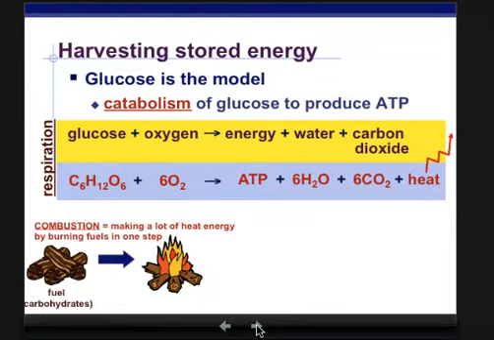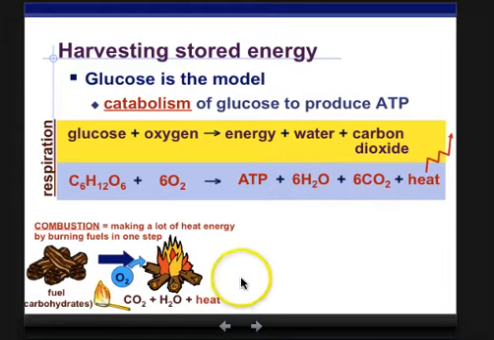So combustion is making a lot of heat energy by burning fuels in one step. So combustion is going to consume fuel all in one step, using oxygen, right? Fire, right? There's where the heat component.